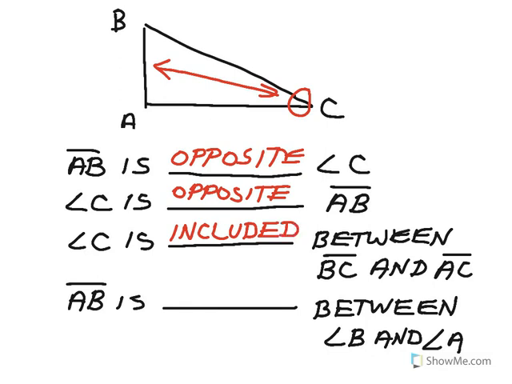And likewise, side AB is included between angle A and angle B. So again, that word included can refer to an included side or an included angle. We'll be using the words opposite and included a lot.